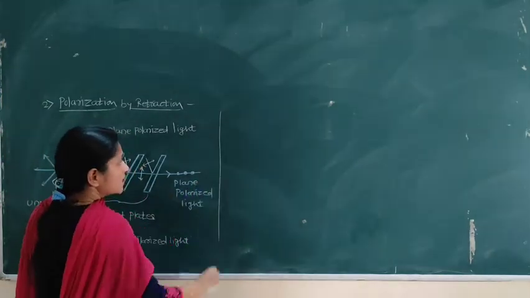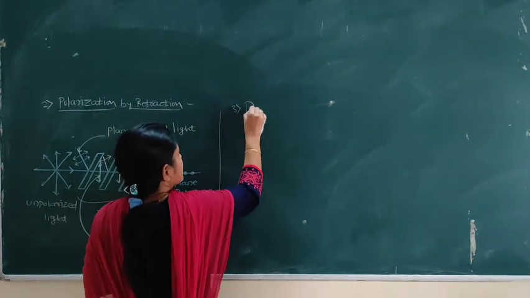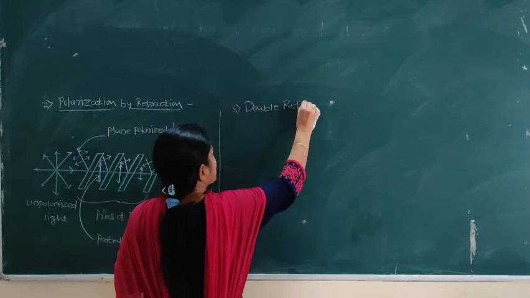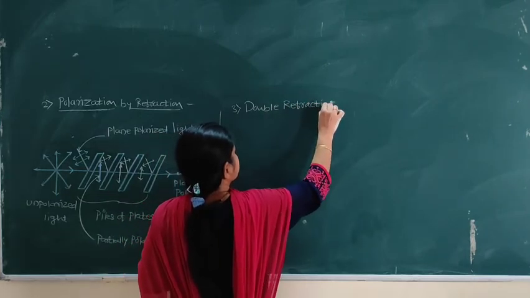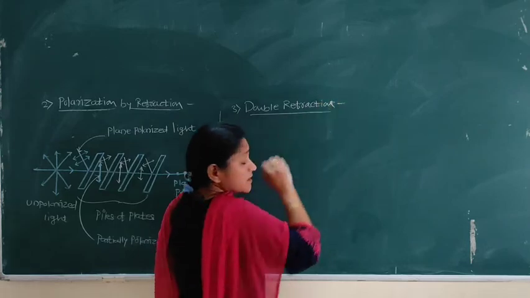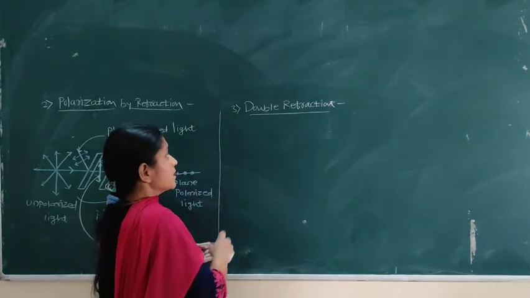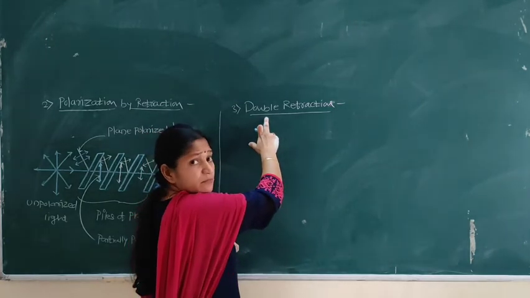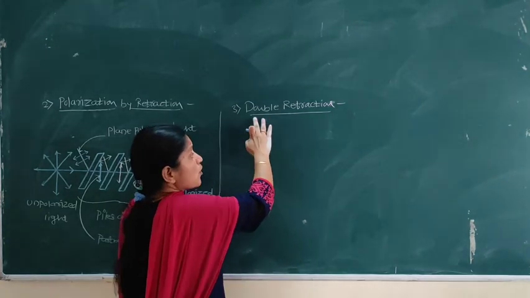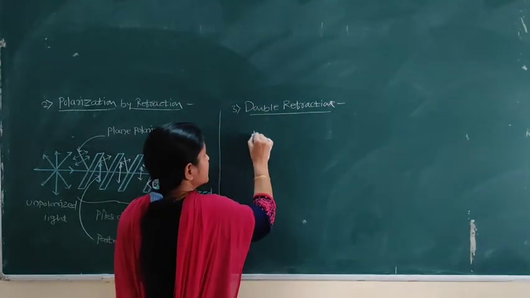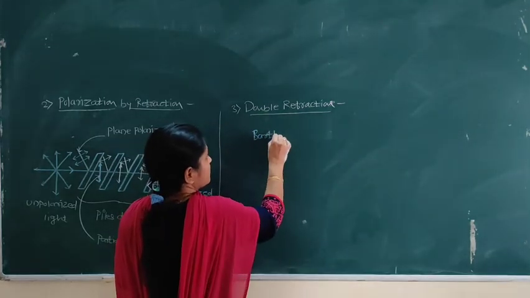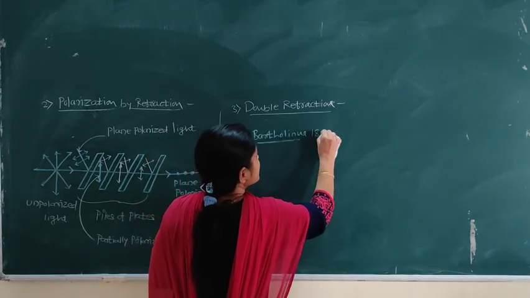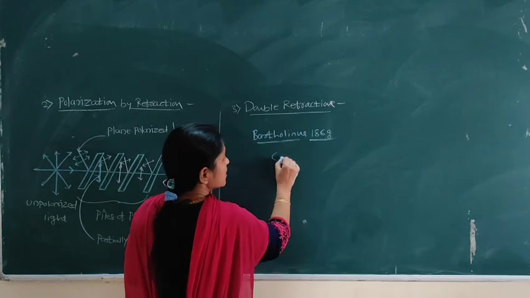Now the next method, that is double refraction. This is also a very simple method. The double refraction phenomenon was discovered by the scientist Bartholinus in 1869 during his studies on the calcite crystal.